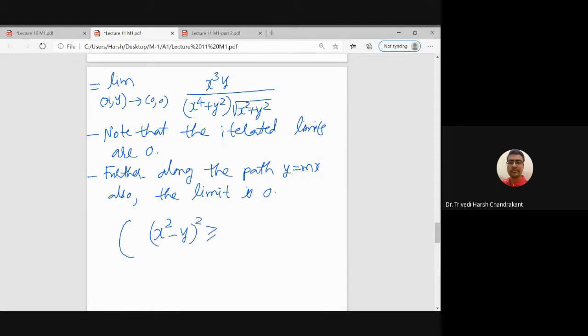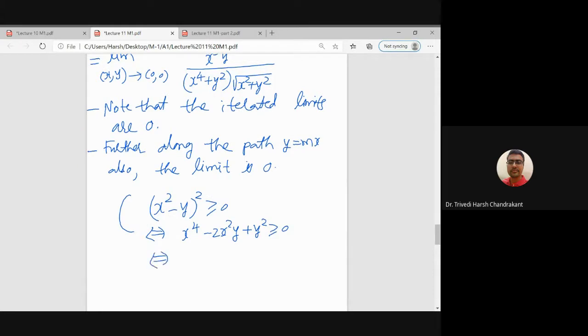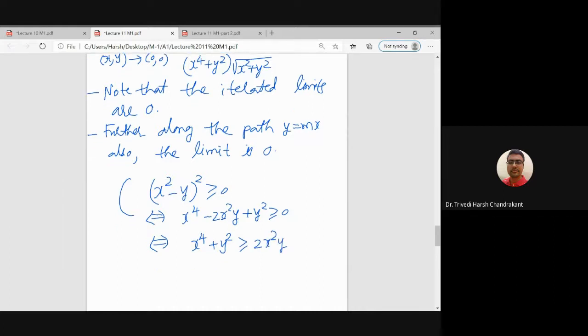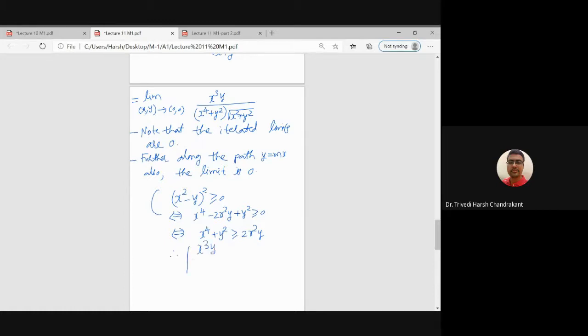y square is non-negative. So that means x power 4 minus 2x square y plus y square is non-negative, and that is nothing but x power 4 plus y square is greater than or equal to 2x square y. If you use this computation, then x square y is less than or equal to half of x power 4 plus y square.